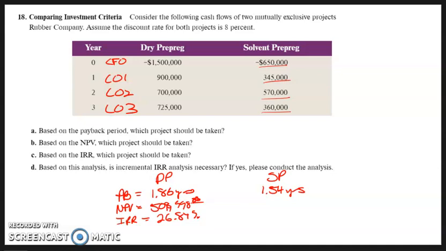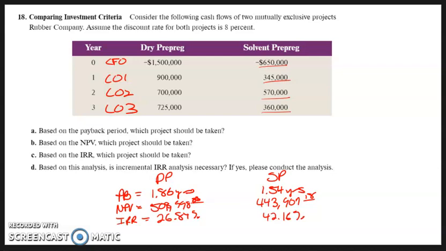And then the NPV is $443,907.18. And then our IRR is 42.16%.